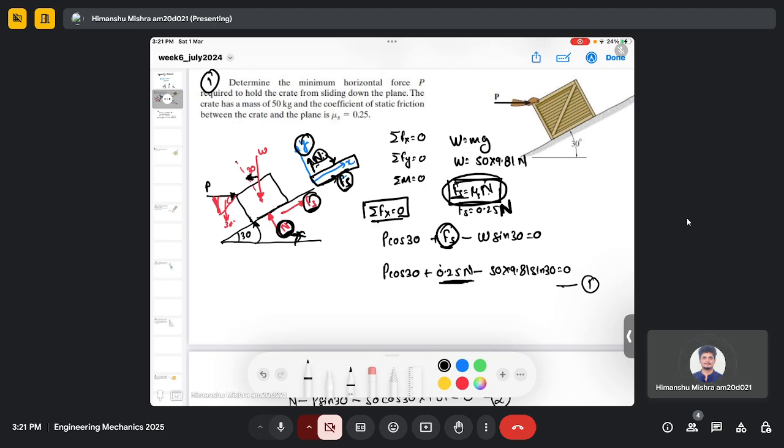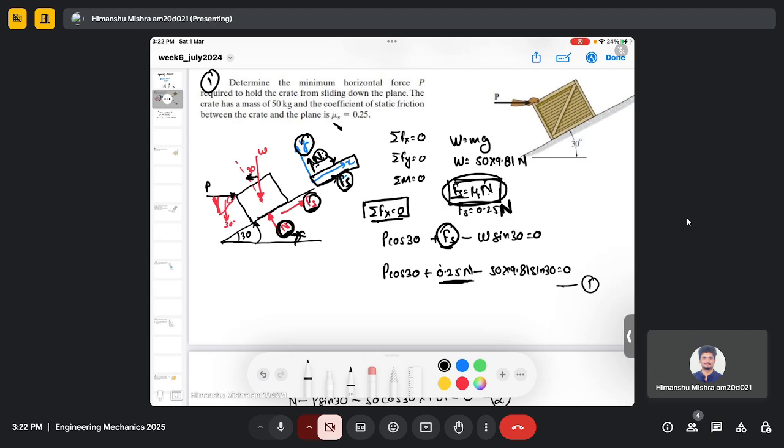It's a little confusing. You're telling that if the coefficient of friction was not there, it would just be n, right? If the friction is not there, then this mu is 0.